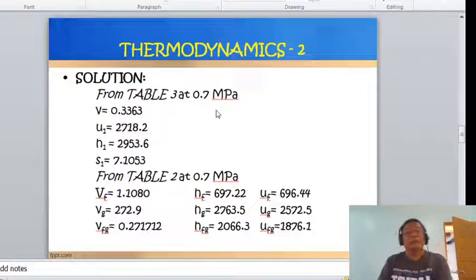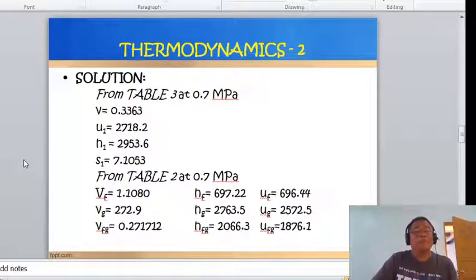Then from table 2 at 0.7, we can easily determine the condition of the liquid at this pressure. v sub f is 1.1080, v sub g is 272.9, and the specific volume of the mixture is 0.271712.